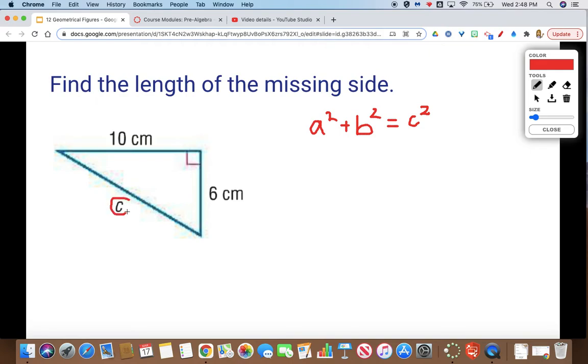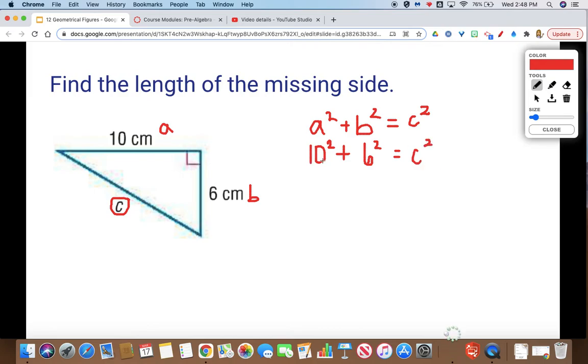Well, right here is c, so we know we don't have c. My two sides that I have are the legs, so they can be either a or b, and we can place them in whichever order as long as they are legs. So let's say 10 centimeters is a, so we're going to plug that in. 6 centimeters is b, and we don't know c, so that's going to be c squared.